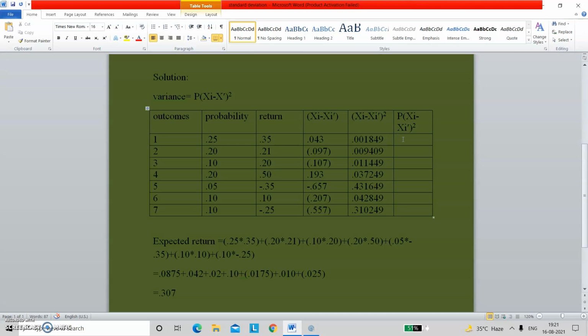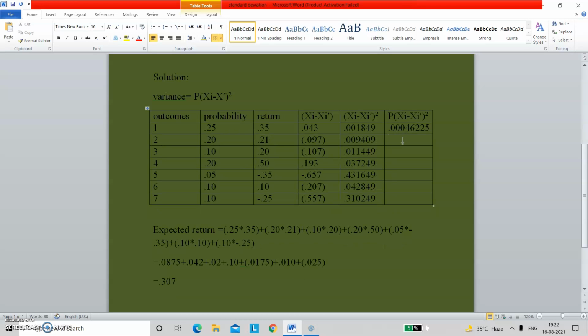Now we are going to multiply each by its probability so that it can be reduced down. Right? And our formula also says this. So 0.001849 into 0.25 is 0.00046225.